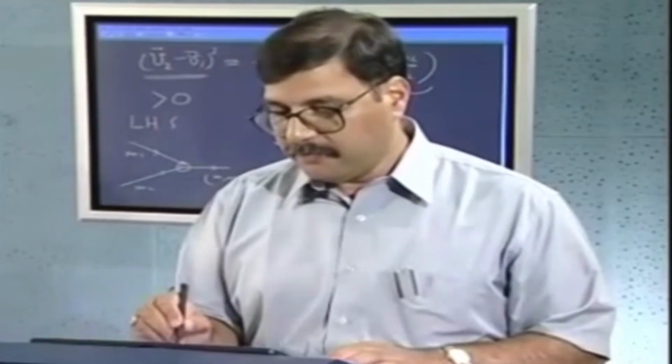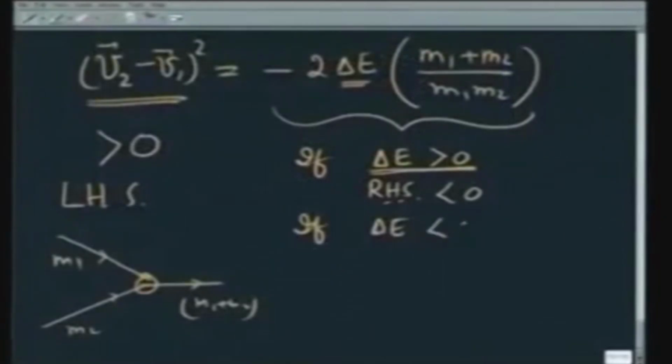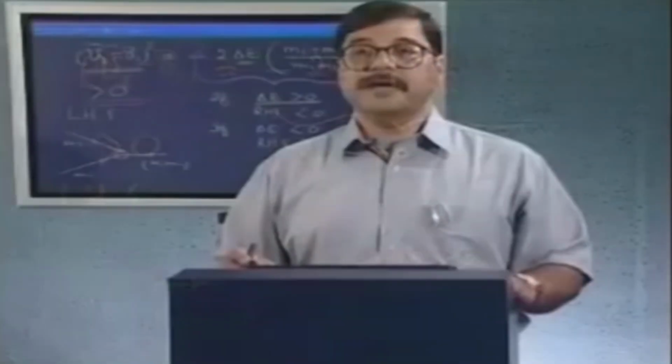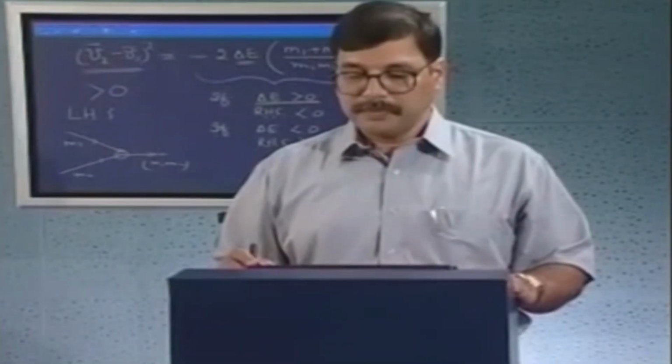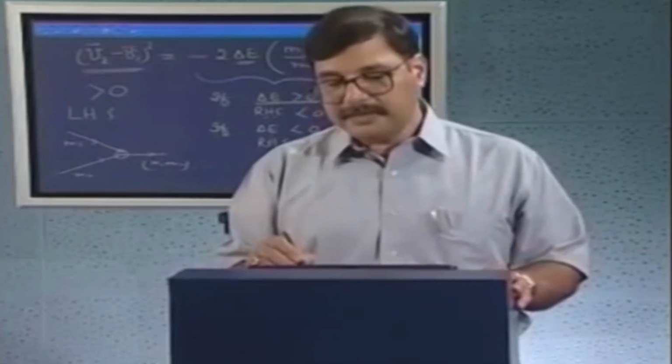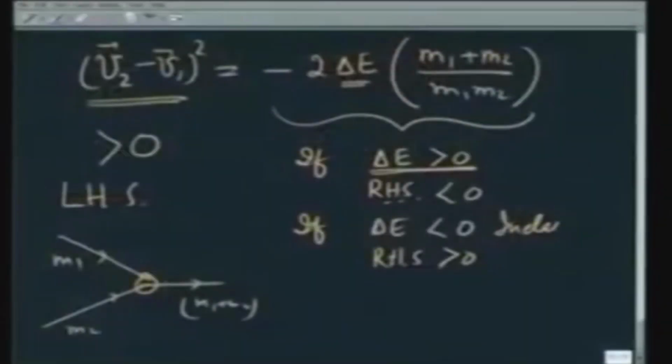On the other hand, if delta E is less than 0, then the right hand side is greater than 0. That means during the interaction some energy is lost, and that is an inelastic collision, and this does take place as you have seen in your 11th and 12th grade also.